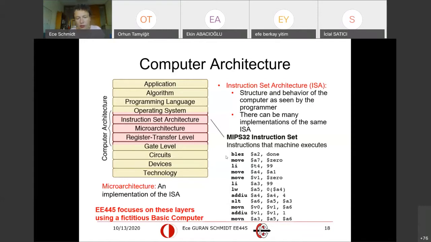We are focusing on these pink layers, demonstrating the idea on the fictitious basic computer of Mano's old book. Then everything will be ported to ARM, a real processor, towards the end of this course and in EE446.